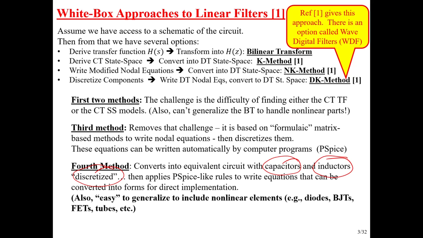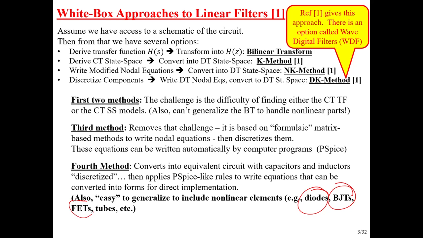And furthermore, it's also, I say in quotes, easy, because it's challenging to work through the math for the nonlinear elements, but it's pretty straightforward and direct as a way to include nonlinear elements. And those nonlinear elements would be diodes for those diode clippers in the distortion boxes, BJTs that show up in fuzz face circuits.